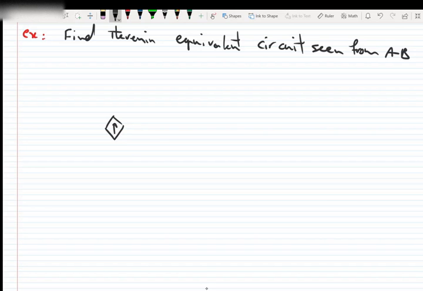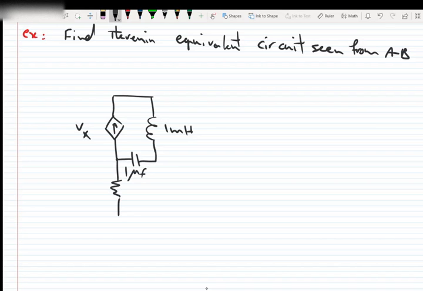So here is the dependent source with the value of Vx, 1 millihenry, 1 microfarad, 10, plus minus Vs of t, which is equal to cosine of 10 to the power of 4t minus 30 degree.